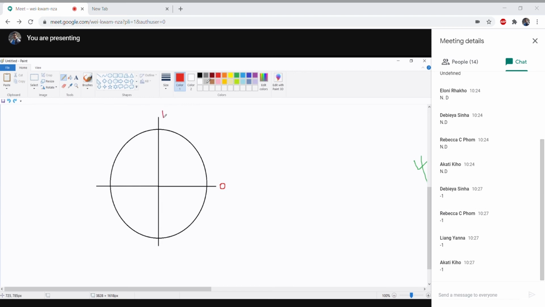Sine 3 pi by 2 value is minus 1, right? And sine pi by 2 value is 1, right? Look, from this side this is 3 pi by 2, I'm not writing the angle again. This is 3 pi by 2, this is pi by 2.